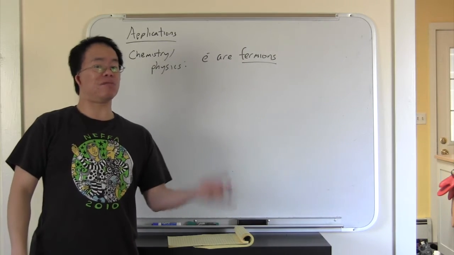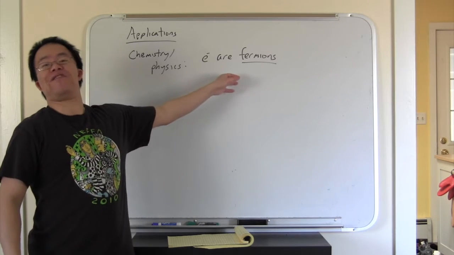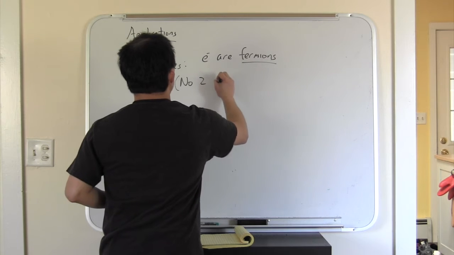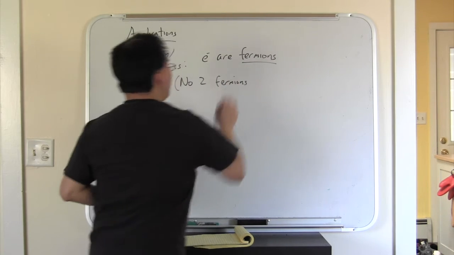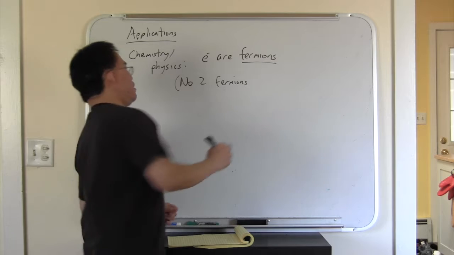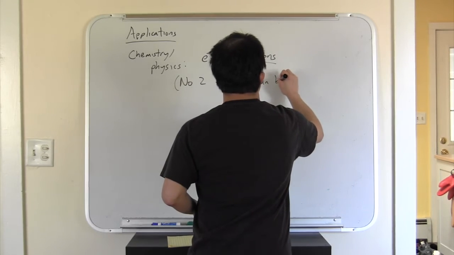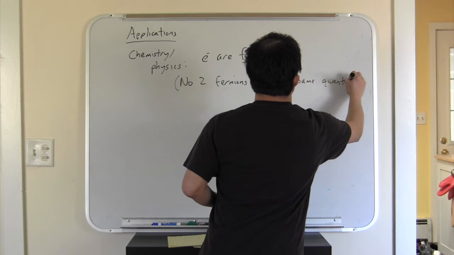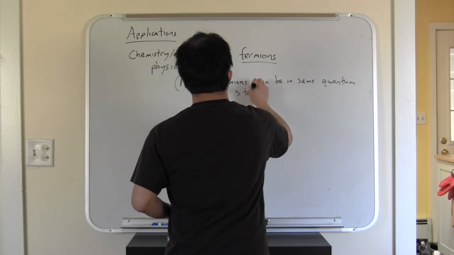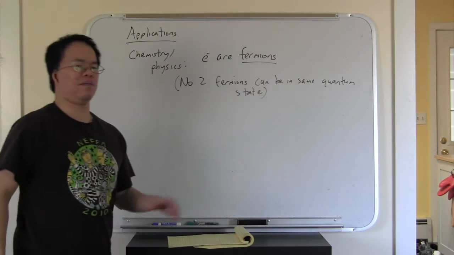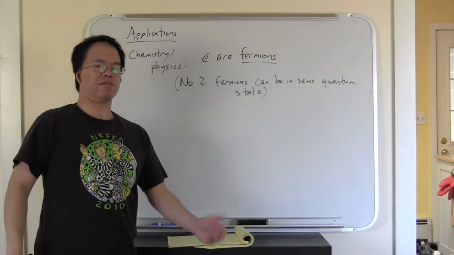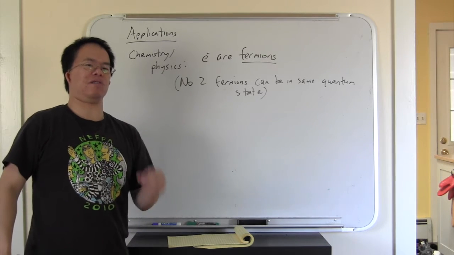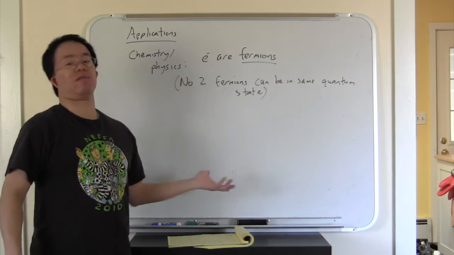What the Pauli exclusion principle says is that when you have fermions, no two fermions can be in the same quantum state. Now, we won't have time to talk about multi-electron atoms, but this turns out to be really critical for thinking about the electronic structure in a multi-electron atom.